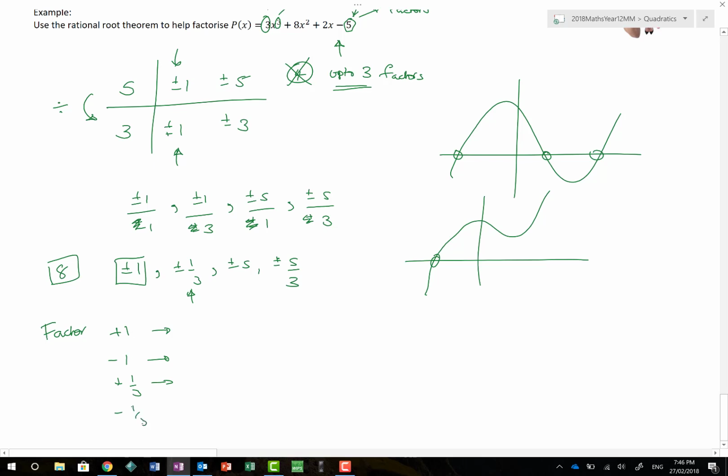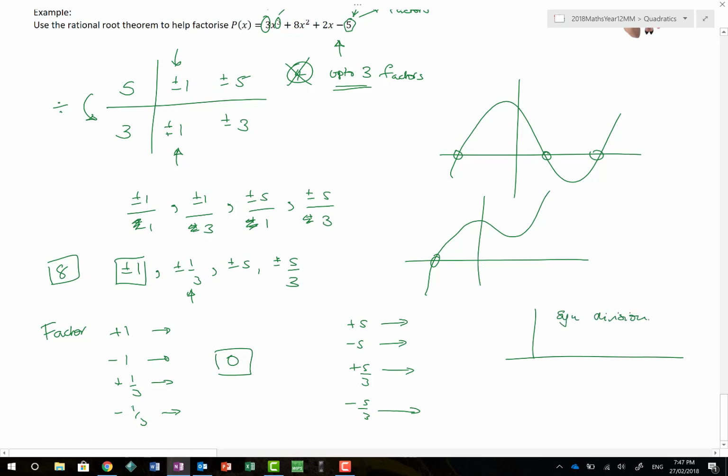And then you'd put negative 1/3 into the equation. And then you'd put, you see where this is going? Positive 5 and negative 5 and positive 5 on 3 and negative 5 on 3. Now, if you're really lucky, one of these will turn out to have a value of 0, and you only need to find one of them. Why? Well, once you found one of them, you can then use your synthetic division to find all the others.